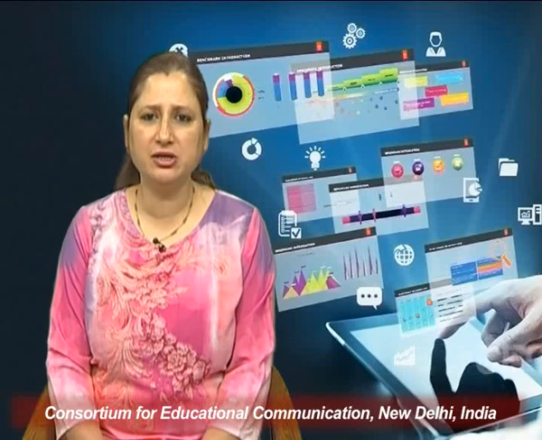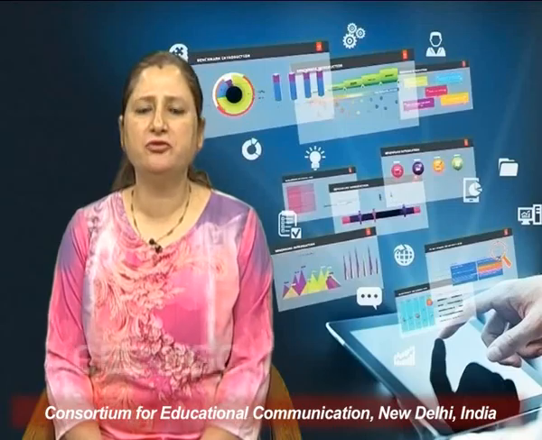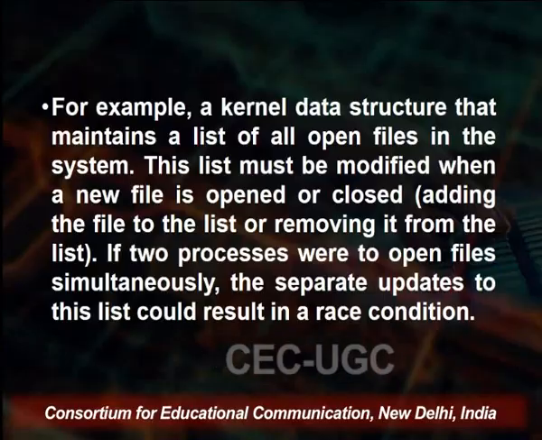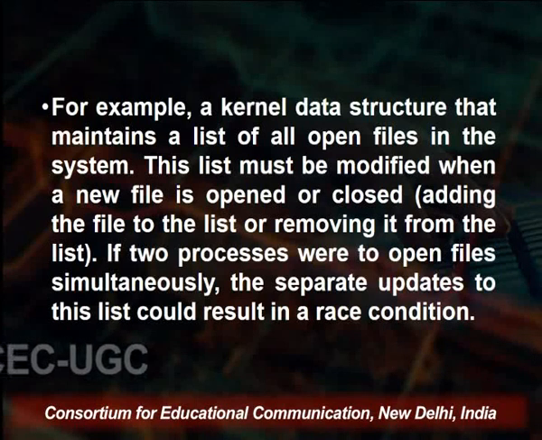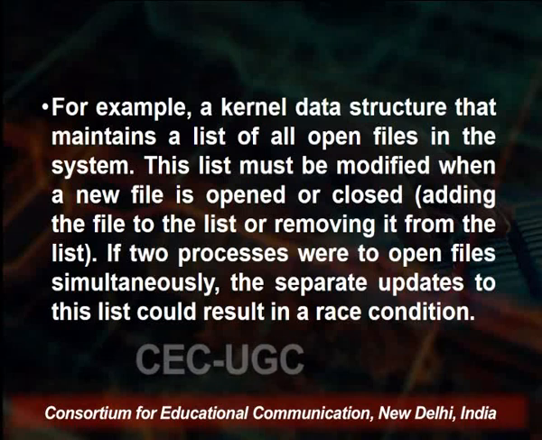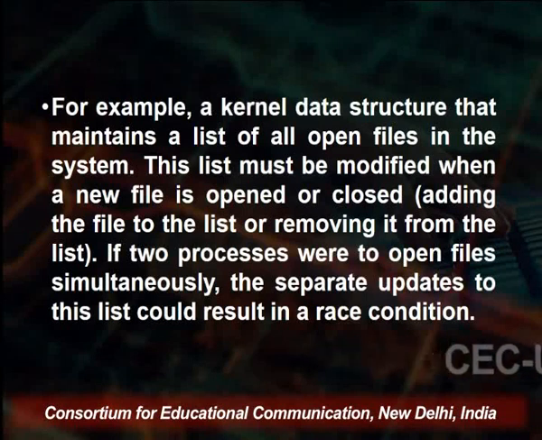Now in this case, we understand that a kernel data structure, for example, maintains a list of all the open files in the system. The list is modified when a new file is opened, and it is changed again when a file is closed. So whether you are adding a file or closing a file, an entry goes into that list.